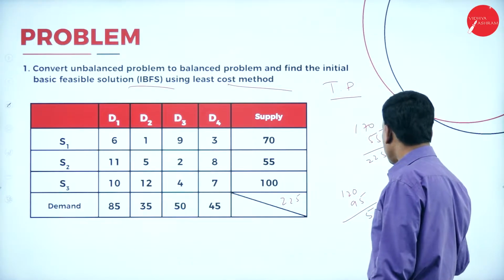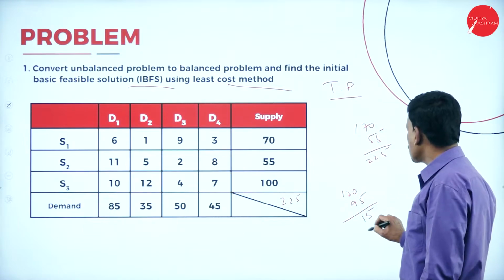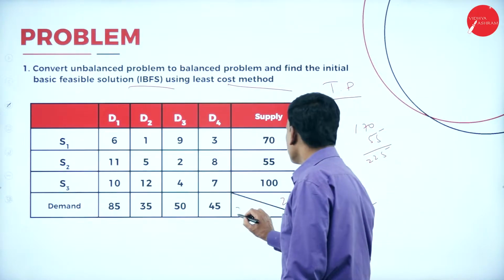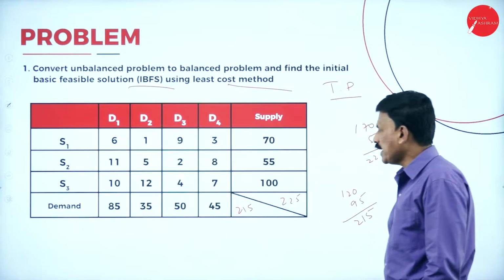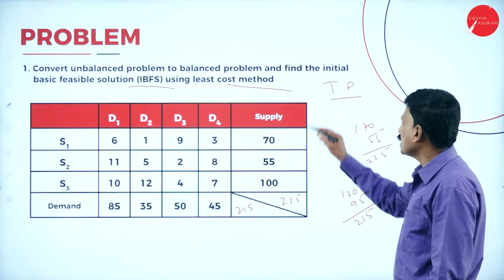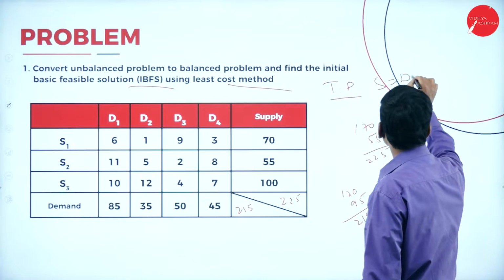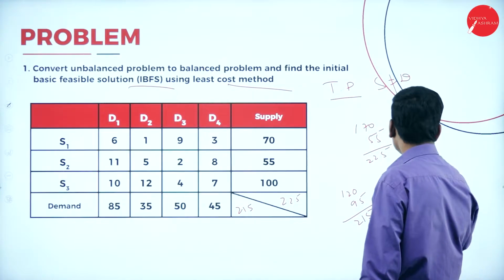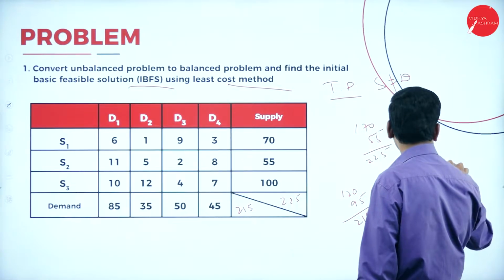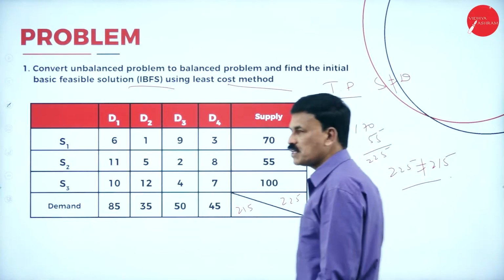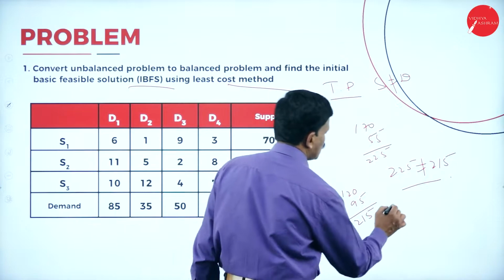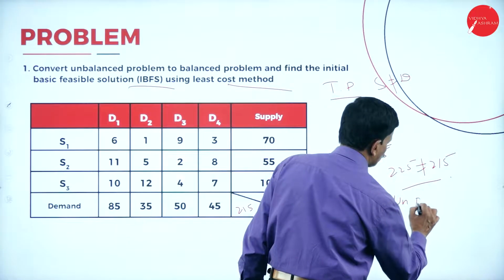If we add this 5, 9 plus 2 is 11, 215. So demand is equal to 215 and the supply is equal to 225. Here supply is not equal to demand, that is 225 is not equal to 215. Therefore, this is an unbalanced transportation problem.